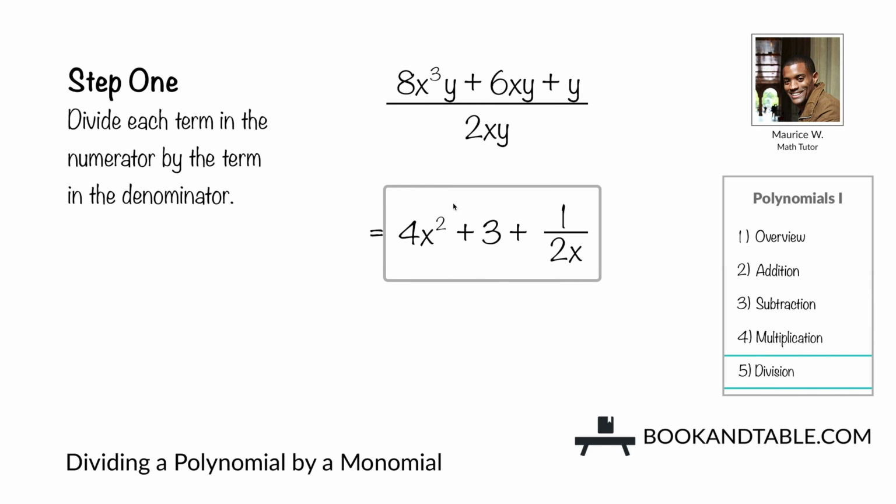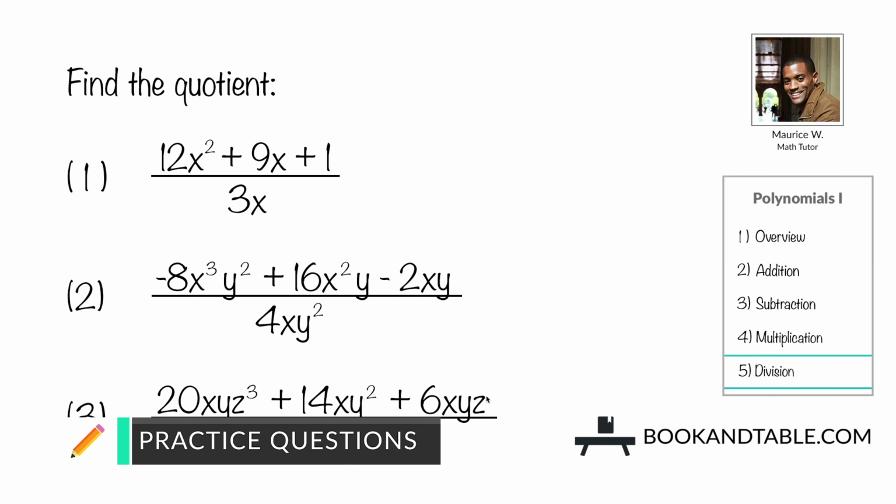So the quotient would be equal to 4x squared plus 3 plus 1 over 2x. And although this term would not be allowed in a polynomial, this is the answer to this quotient, so it is allowed to be a part of our answer. So don't let this throw you off.